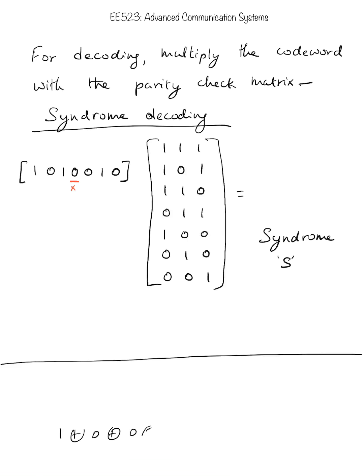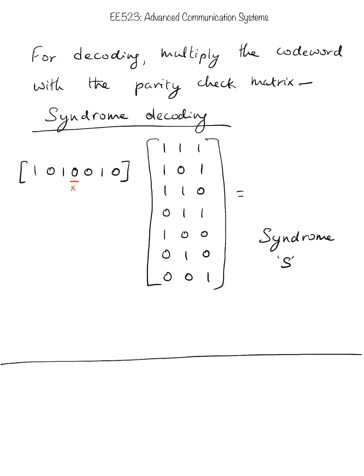Let me erase this first so we can do the calculations fresh again for this particular code word. Okay, so again we're going to multiply this vector with the first column and then with the second column and then with the third column bit by bit and add them together modulo 2, right?